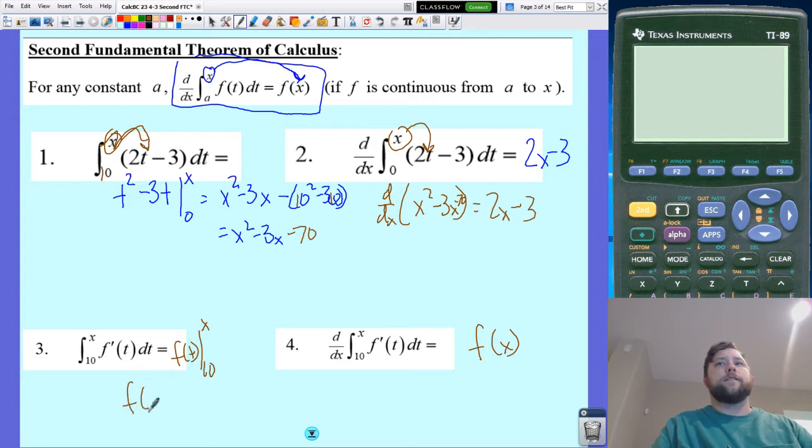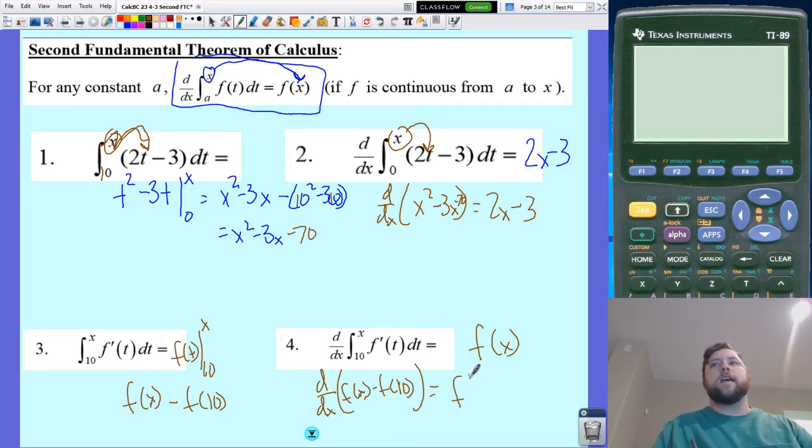So it's f of x minus f of 10, and f of 10 is a constant. So when you derive f of x minus f of 10, f of x just becomes f prime of x, and then this goes to 0 because it's constant. We talked about that last time. So cool. That's how it works when it's just a variable. It doesn't matter what the number is.